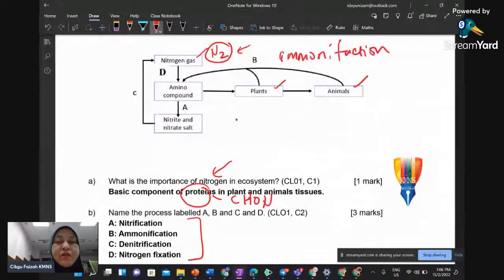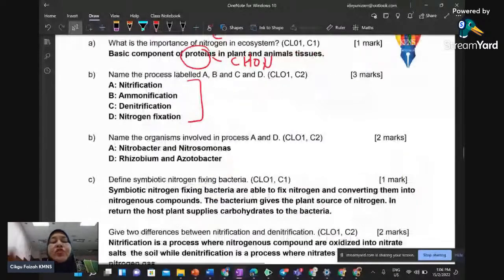Okay, and then the D is the nitrogen fixation. Okay, the C is the denitrification. Nitrate jadi balik nitrogen, denitrification, and the A will be nitrification. Right?